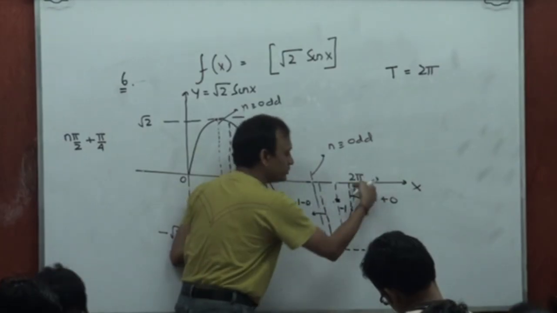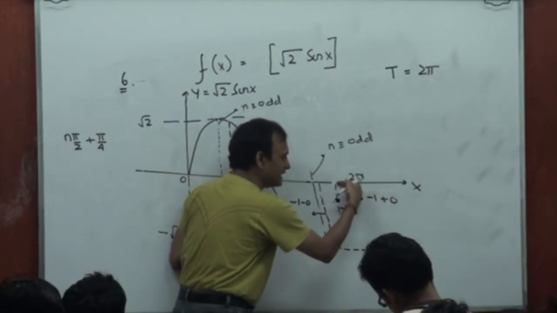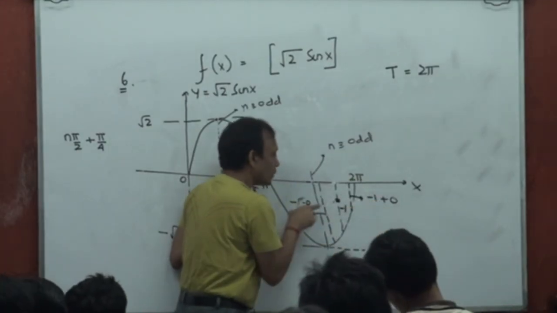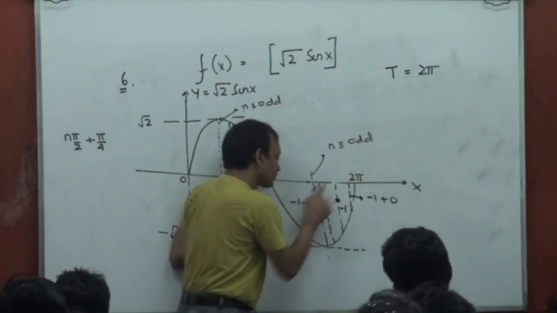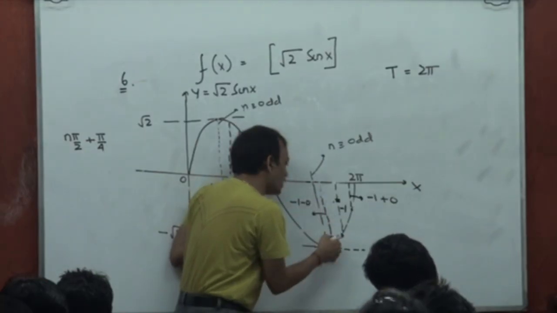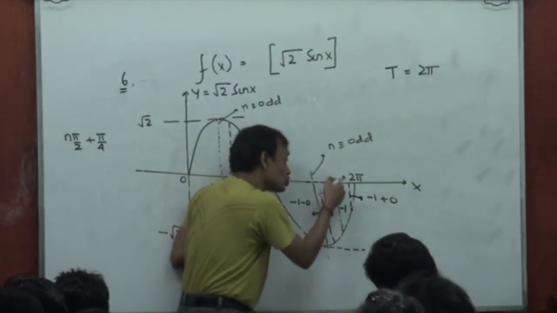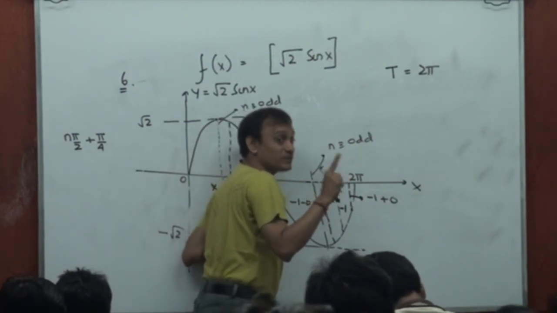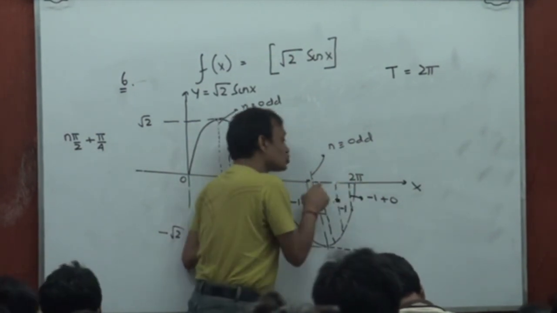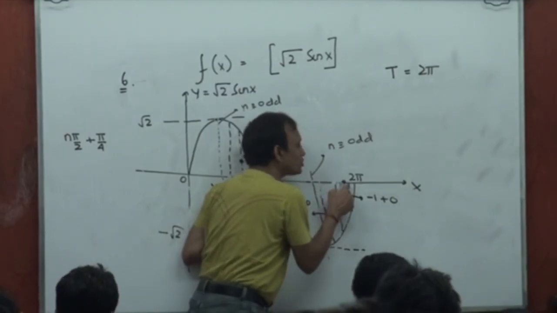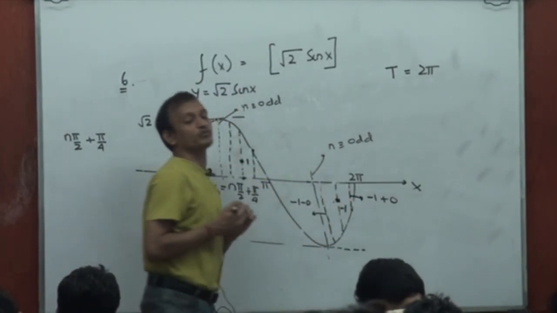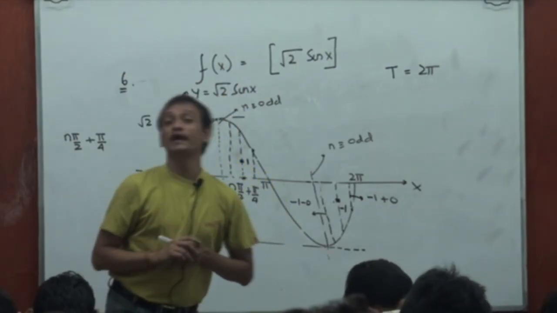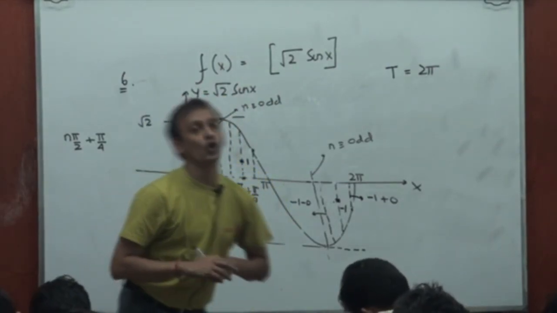That means when you come from the right hand side, since it's slightly greater than minus 1, the box of these numbers will be minus 1. When you come closer from the left, these ordinates will be slightly less than minus 1, so box of these will be minus 2. So the left hand limit would be minus 2, the right hand limit would be minus 1, and therefore it would be a point of discontinuity at x equal to n pi by 2 plus pi by 4 every time n is an odd number.